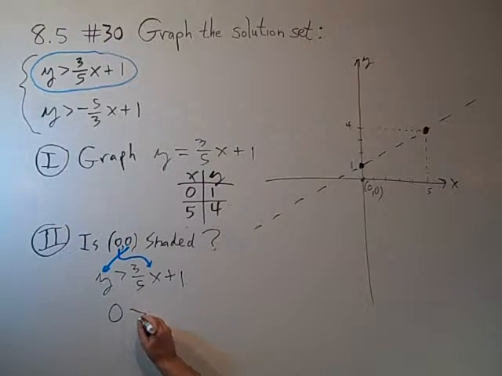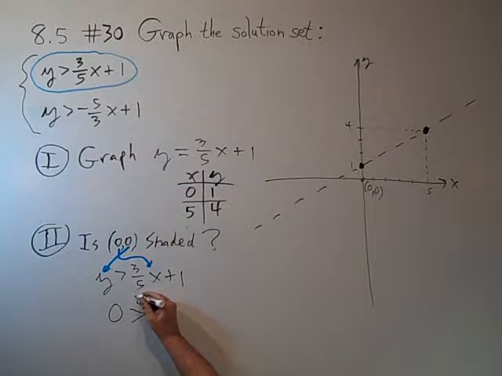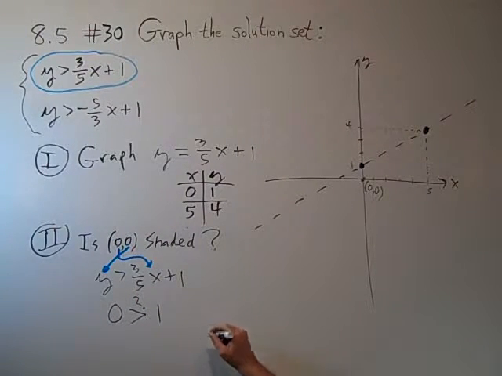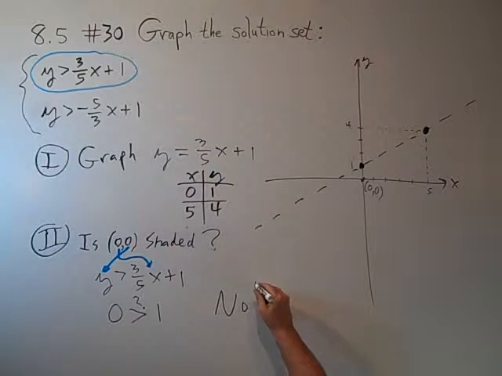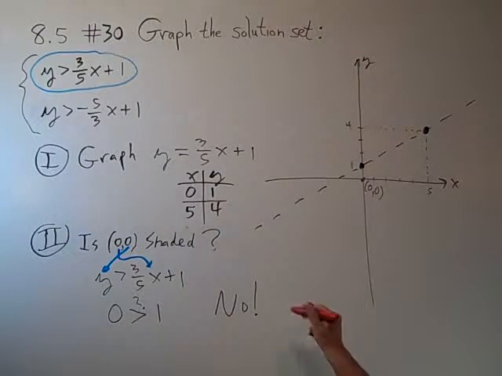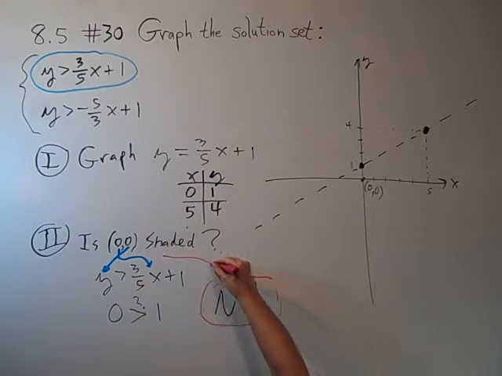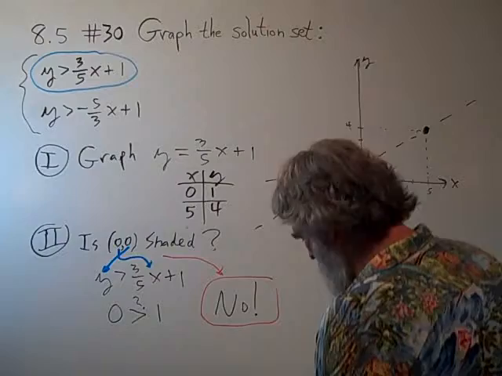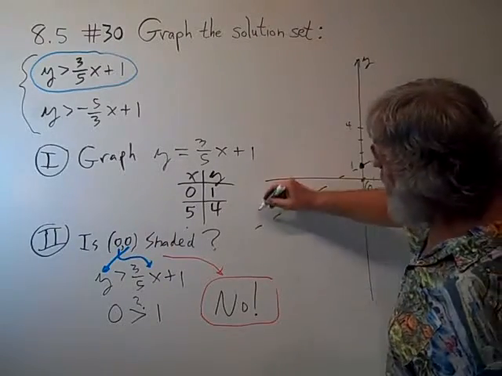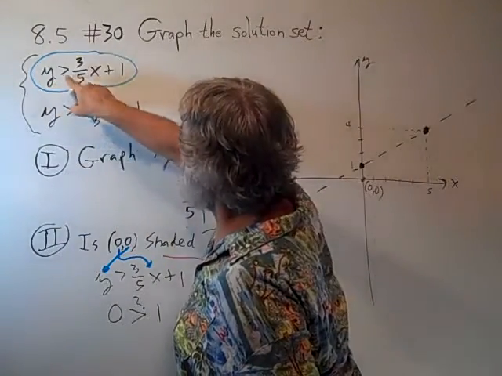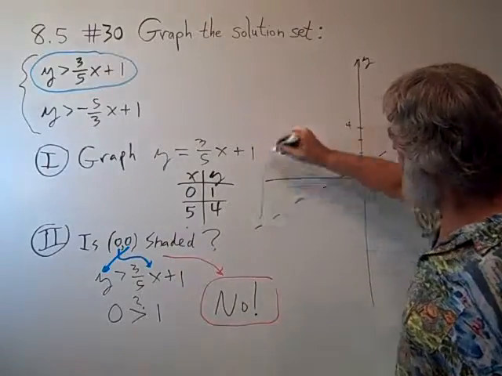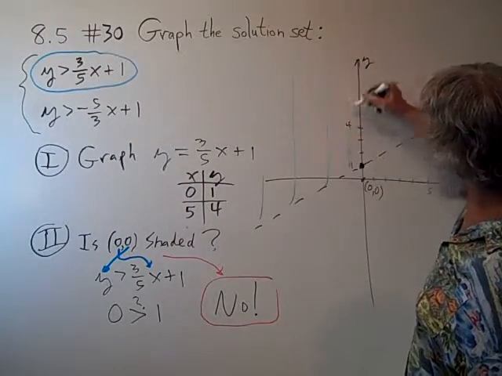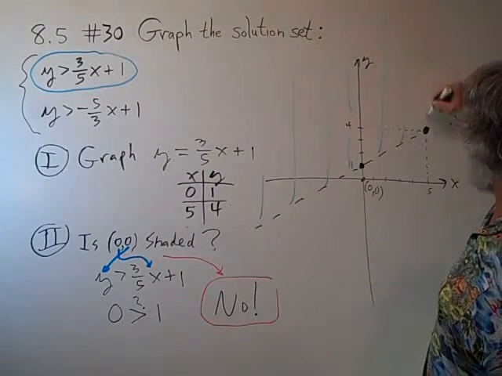We get, is 0 bigger than 0 plus 1? Is 0 bigger than 1? No. 0 is not bigger than 1. So that's the answer to our question about the shading of the origin. Therefore, it's the top side of this line that gets shaded. And we knew it was the top because y is bigger than means the upper side. So it's the upper side of this line that gets shaded.